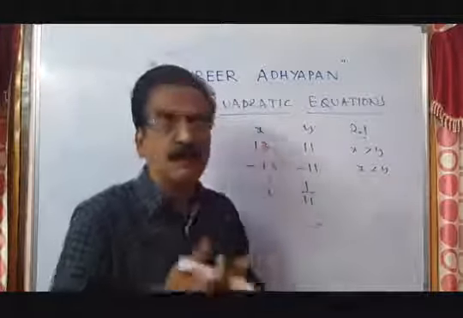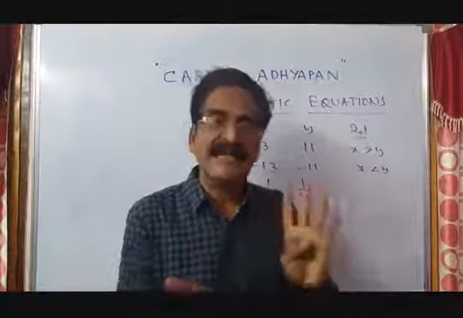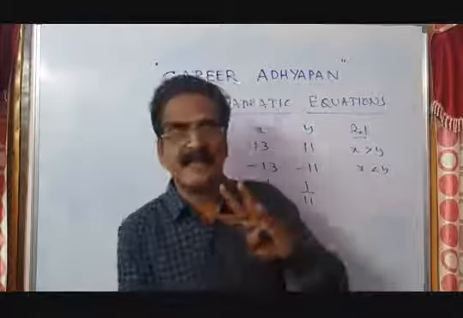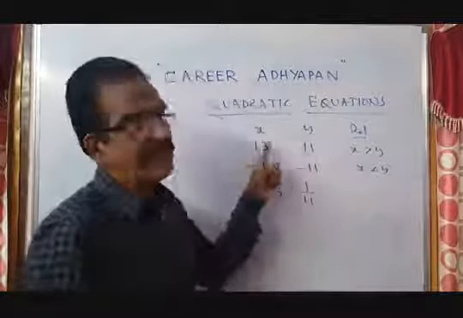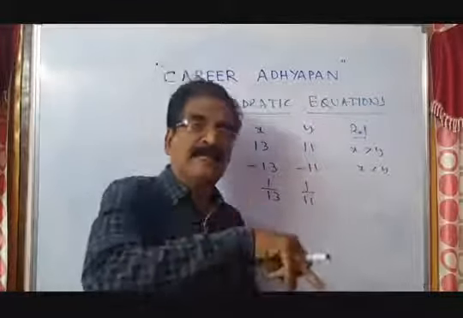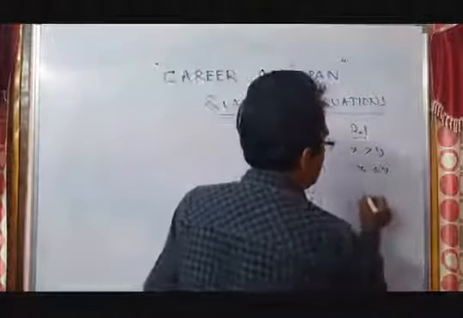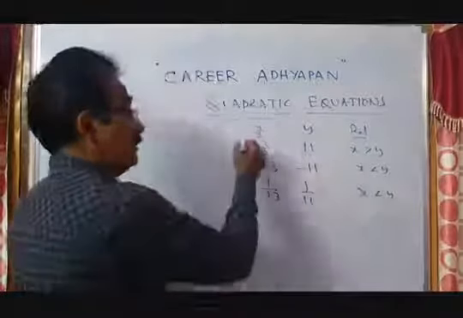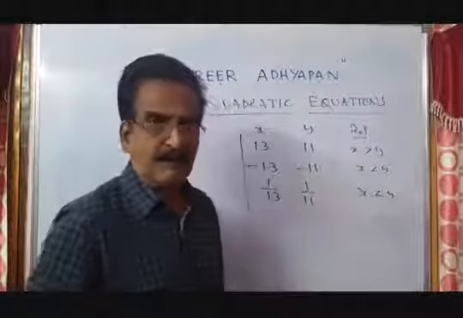If the values are inversed, the relation also changes from greater than to less than or less than to greater than. So 13 greater than 11, then 1 by 13 is less than 1 by 11. So these things we have to remember.